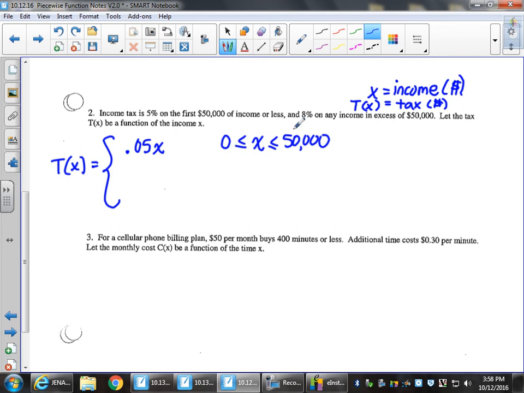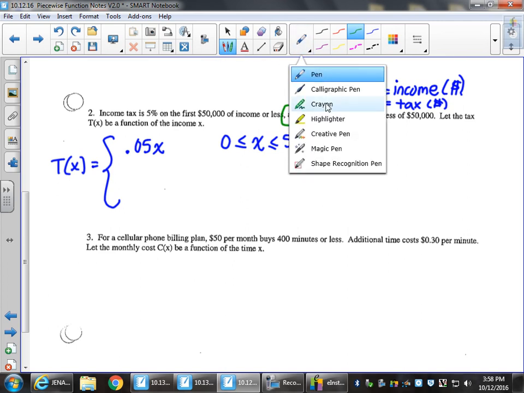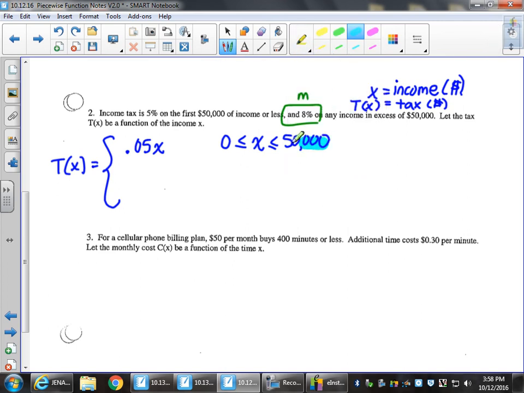My next piece tells me 8% on any income in excess of, or more than, this much. So I have M. I need a point. To find that point, we are going to take 50,000 and substitute into this piece. So it's going to be T of 50,000 equals 0.05 times 50,000.